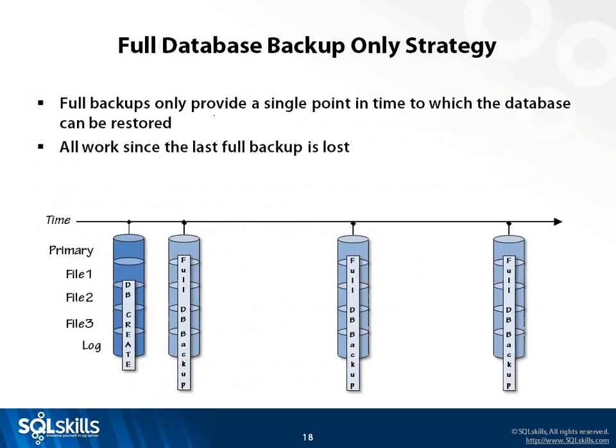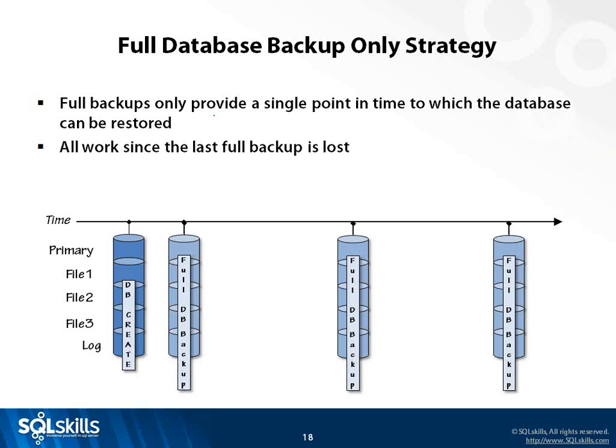So going back to full database backups, this is what your strategy is going to look like if you're only using full backups. Let's say this is once a week, so maybe on Sunday morning, midnight Saturday night, you do a full backup. You get one full backup once a week.